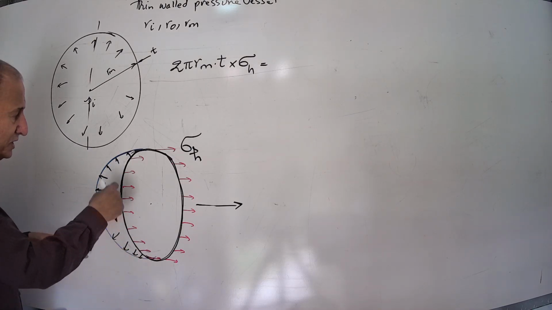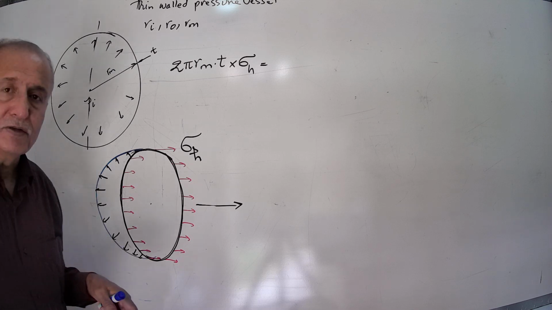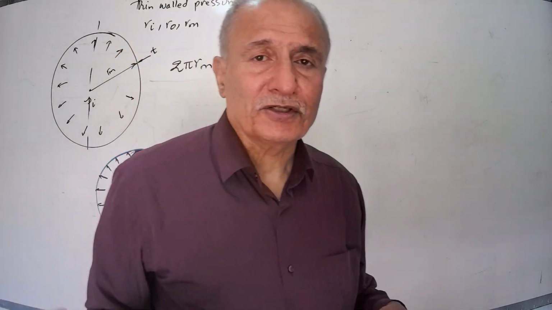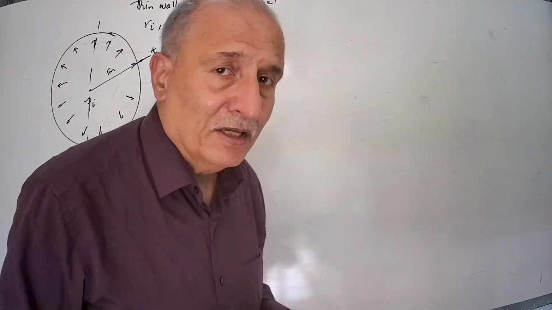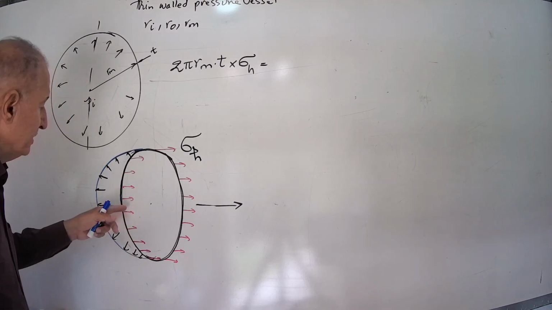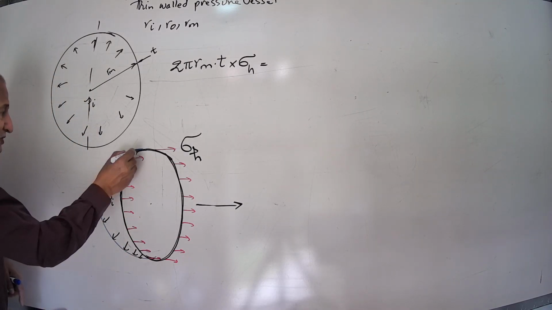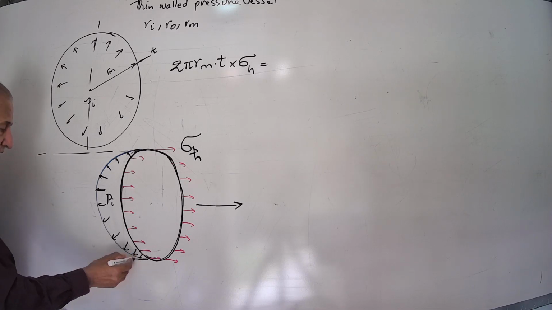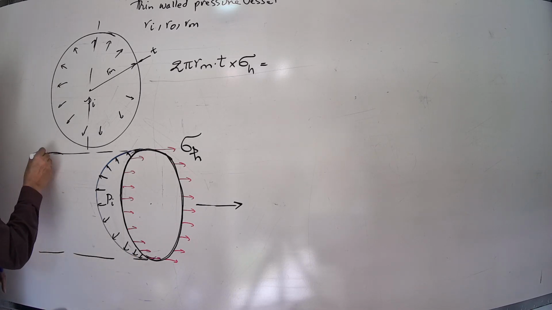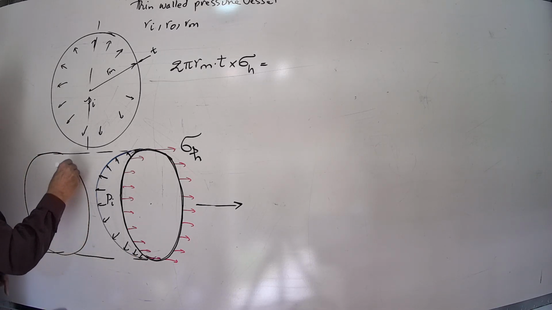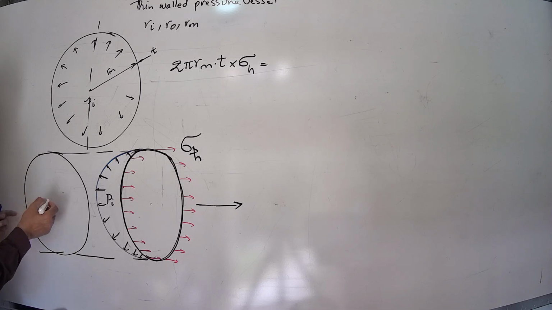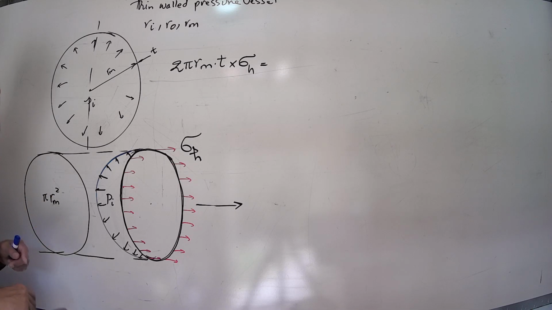The resultant is the pressure P times the projected area of the vessel, which is a complete full circle, pi Rm squared.